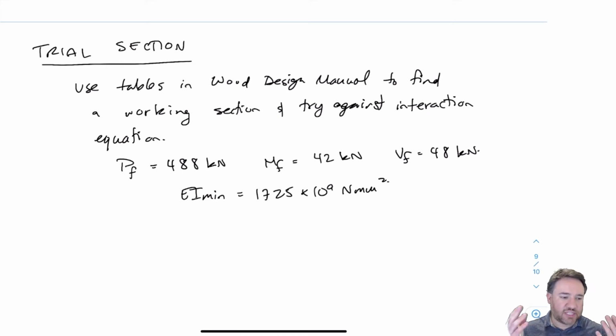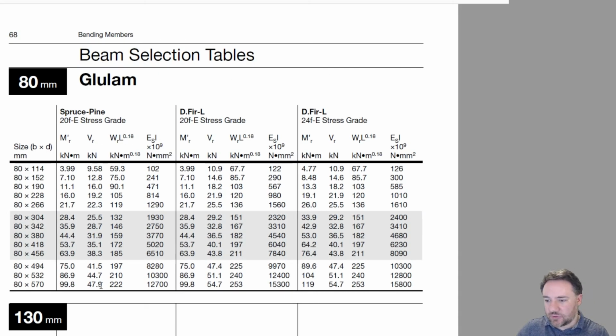Well, I mean, the VF doesn't have to take into account anything. But when we look at the VRs to compare it against in the beam selection tables, they don't take into account the fact that we have a notch, right? So that compression side notch is going to reduce our strength by somewhere between 10 and 20% because we have a 20% notch.